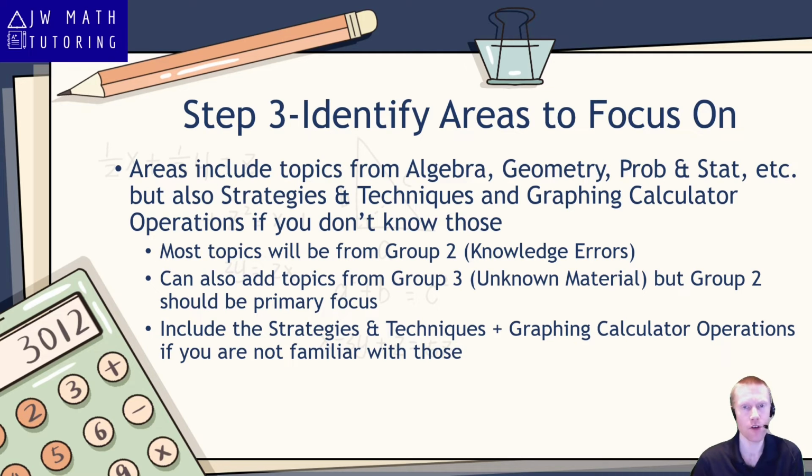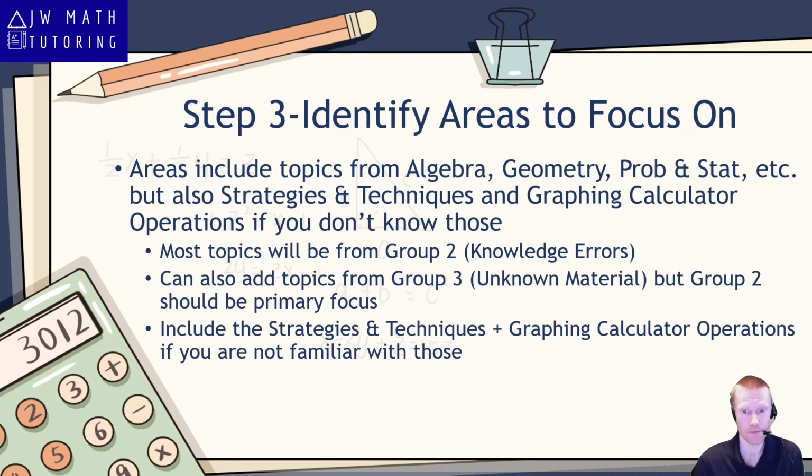It's instead those that you classify as knowledge errors, those are the ones that you really need to focus in on and again review and either learn or relearn. Now, you can also add some topics from the third group, the unknown material classification, but most likely the second group is going to be your primary focus when you're identifying the areas that you're going to review and want to practice with.